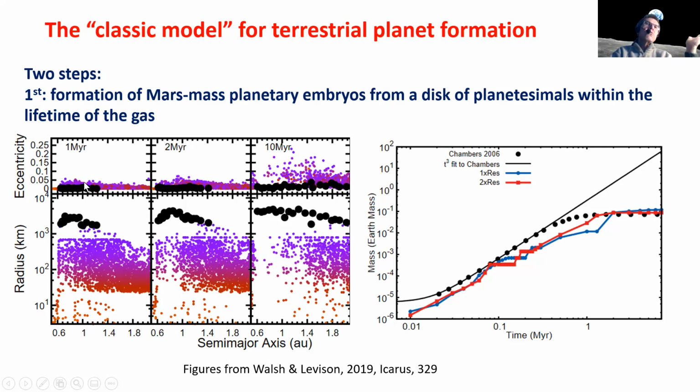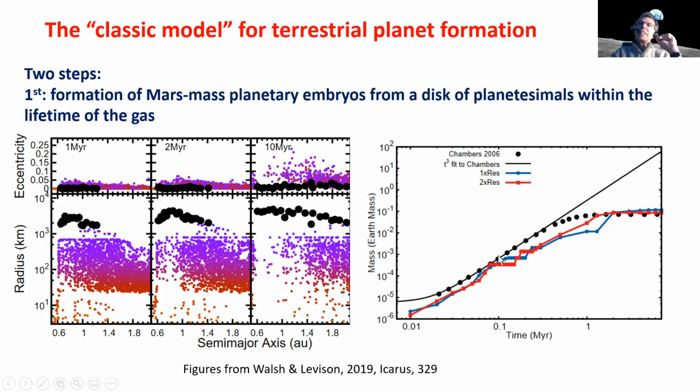And the top shows the eccentricity. As you can see, from a disk of planetesimals, initially only planetesimals, a set of planetary embryos grows, and then as time passes these embryos grow a little bit further, typically stall at a mass comparable to the mass of Mars, and the population of embryos extends further and further out in heliocentric distance.